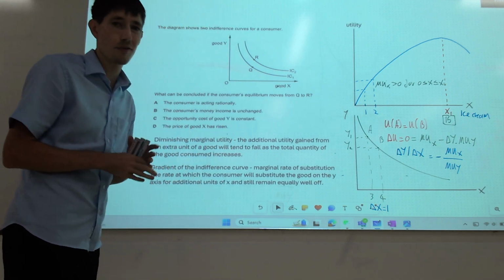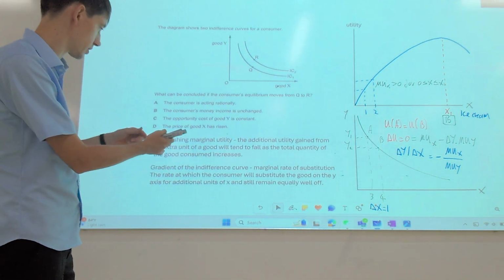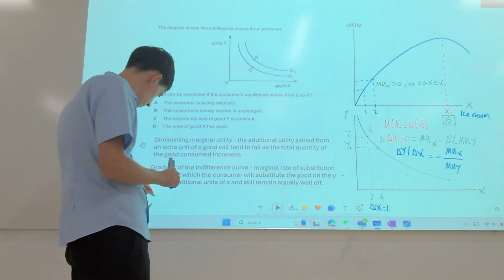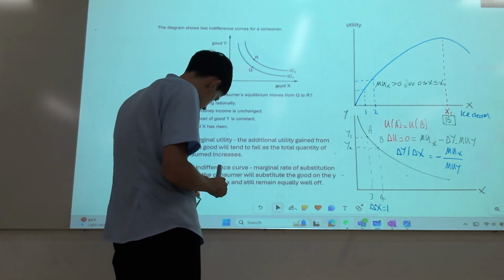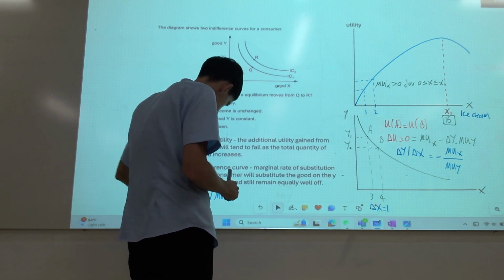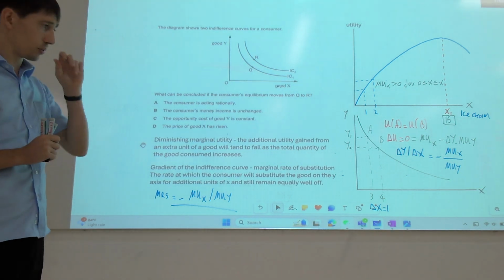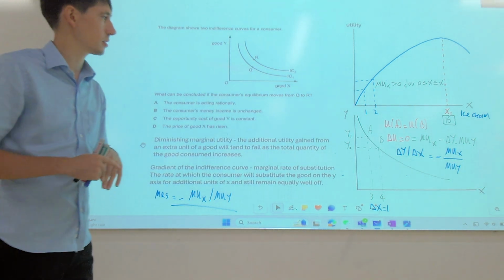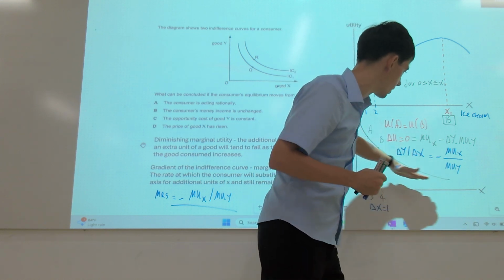So that is the formula for the marginal rate of substitution: negative marginal utility of x divided by marginal utility of y. Okay? So this is very, very important. It's going to give us the fact that the indifference curve is convex to the origin.